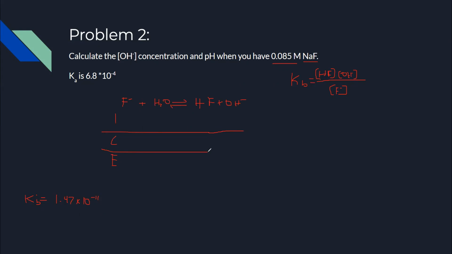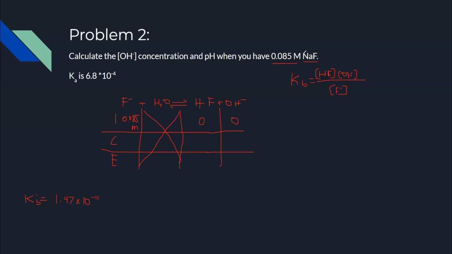These problems can get a bit tedious at times, so this one is one of the easier ones. Now we have to find the amount of HF. So you have 0.085 molar F minus, and you have 0 HF and 0 hydroxide.